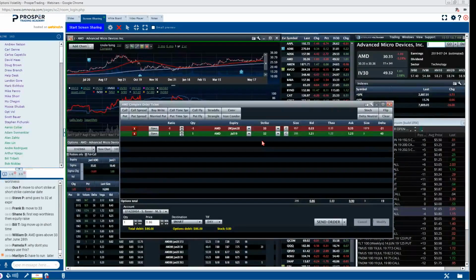One of two things is going to happen. If the trade has worked for us, which obviously is what we all want, and the stock has gone up and the value of the spread has gone up, we'll probably just close the trade.